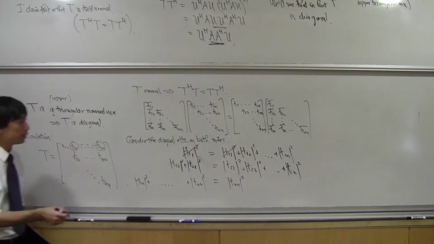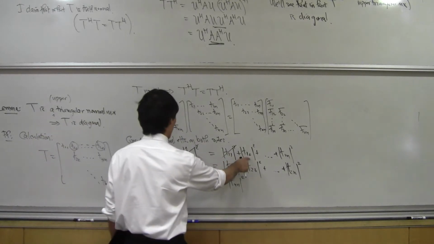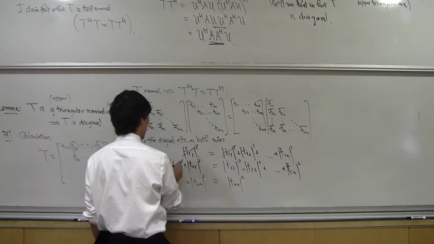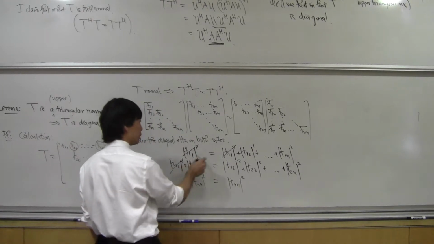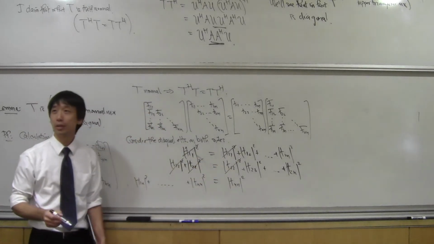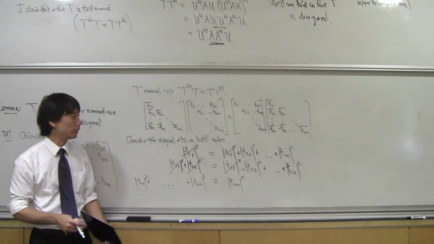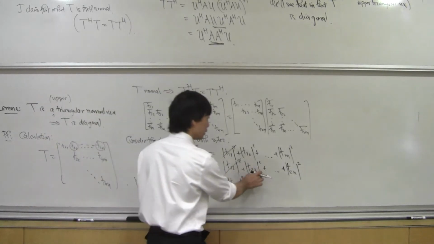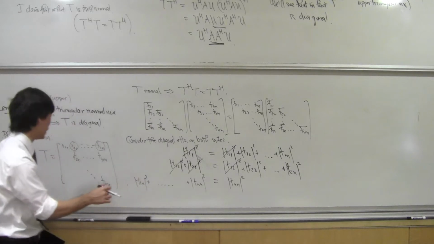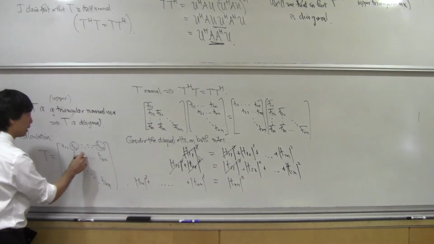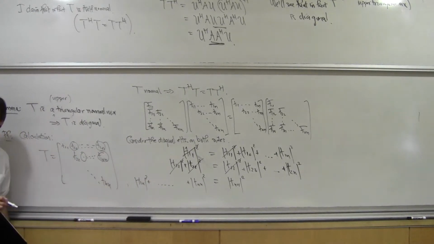Okay. Then I go to the second row, and I already know that T12 is 0, so I'm going to get rid of that. And I cancel out the T22 from both sides, and I get that T23 through T2n are all 0. So this guy through this guy are all zeros. Why are there zeros?